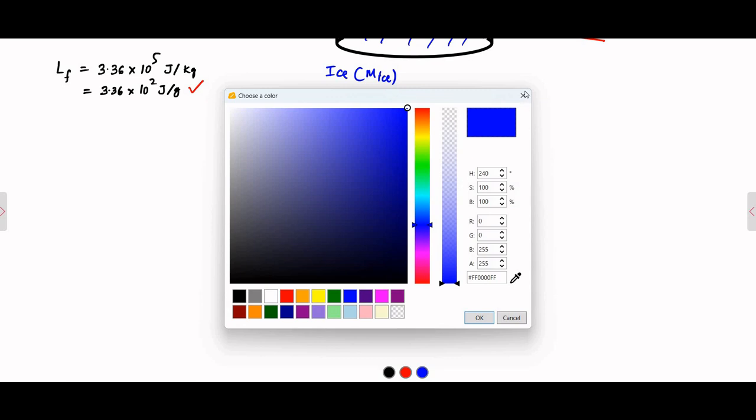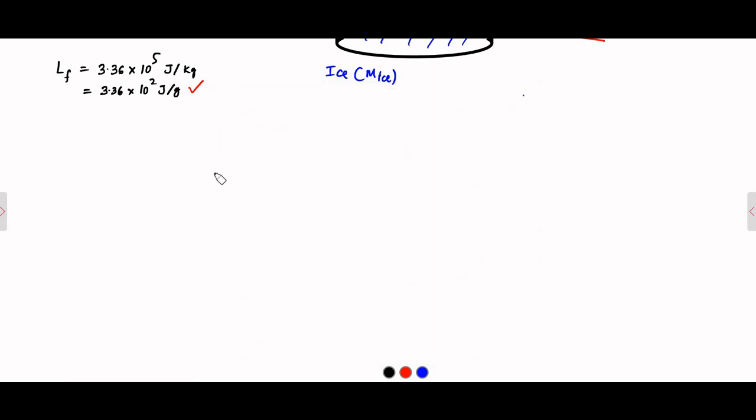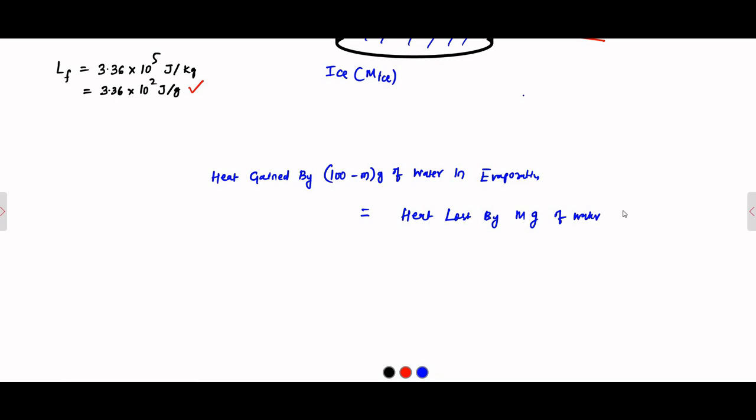Now the situation is that for this entire thing to happen, the heat gained by the portion of water which evaporated, that is, the heat gained by 100 minus m gram of water in evaporation, is equal to the heat lost by m grams of water which turned into ice in freezing.